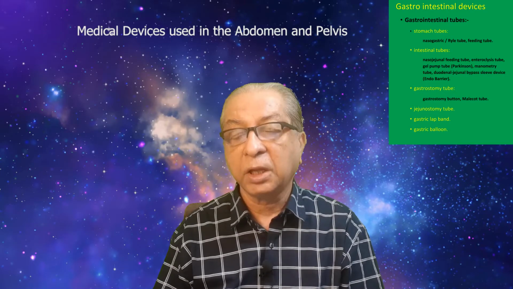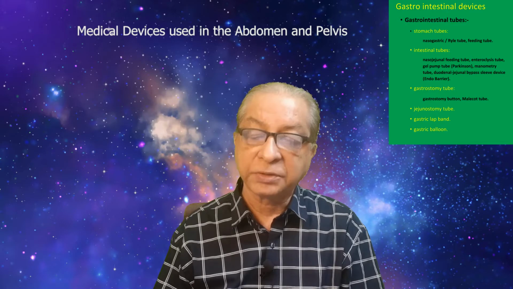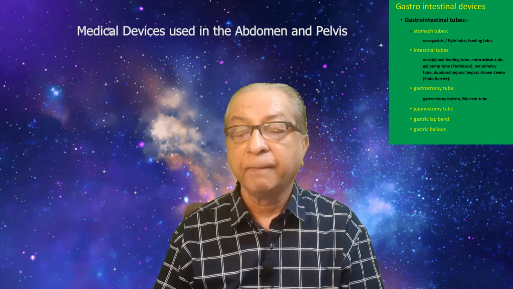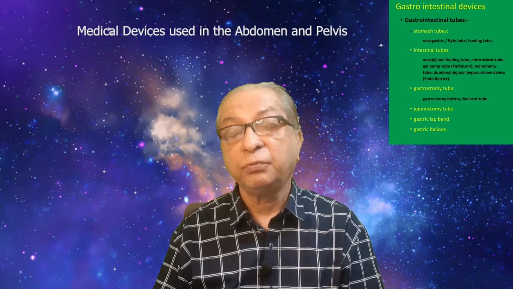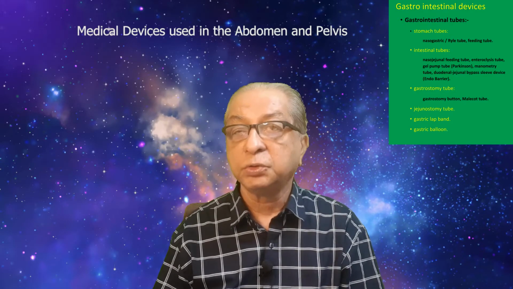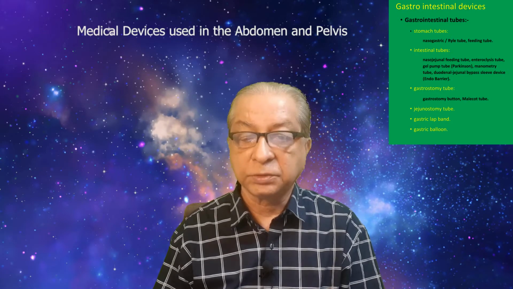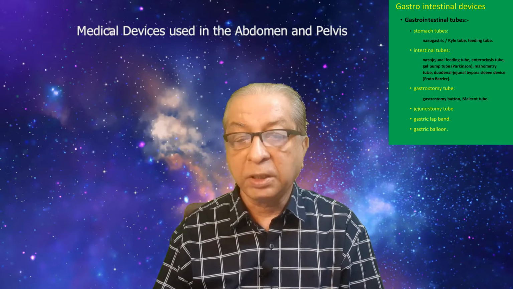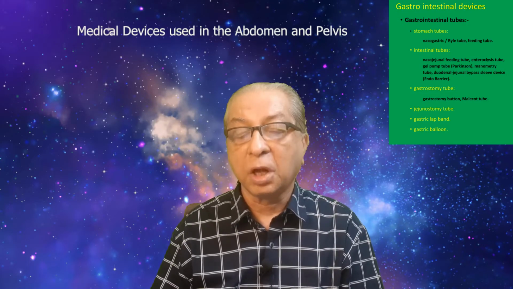Stomach tubes are there, nasogastric tubes, Ryle tubes, to give feeding or food to the patient who cannot use the esophagus. Intestinal tubes, multi-Abbott tube, not used now.